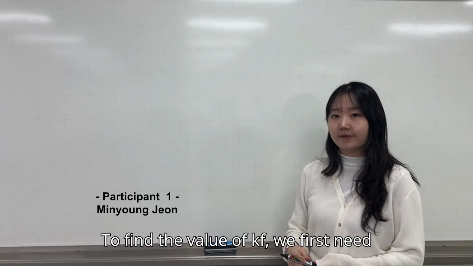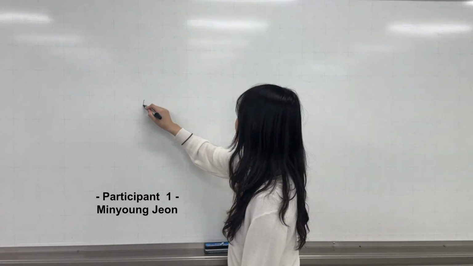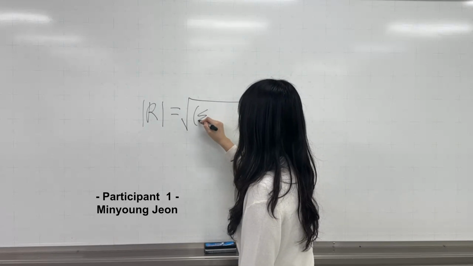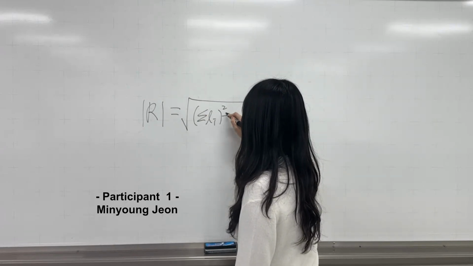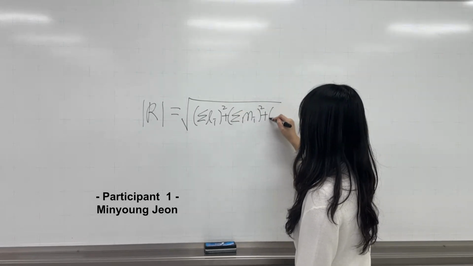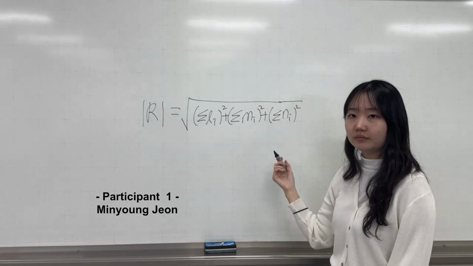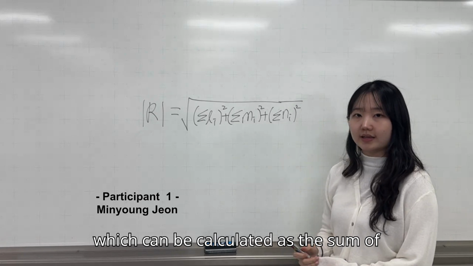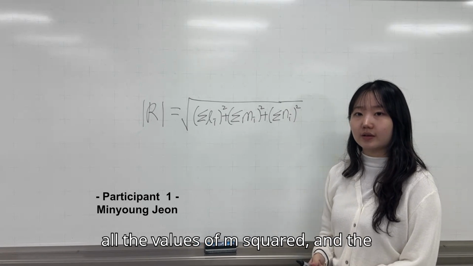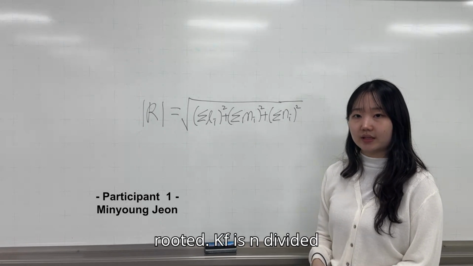To find the value of Kf, we first need to find the magnitude value of R. Which can be calculated as the sum of all the L values squared, the sum of all the M values squared, and the sum of all the N values squared, then rooted.